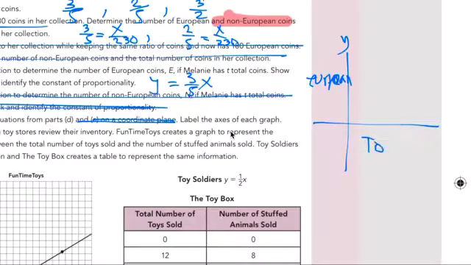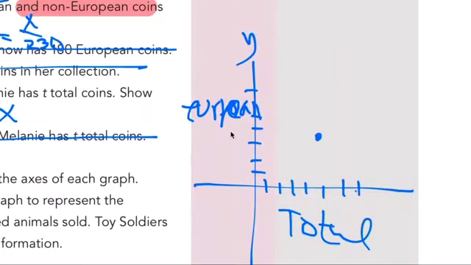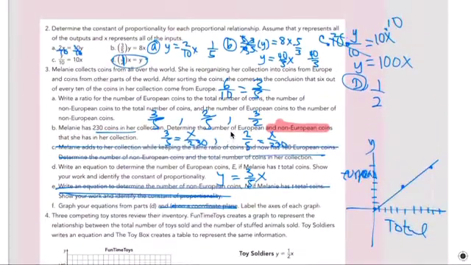Here's the total coins. It's 3 out of 5. So 1, 2, 3 out of 1, 2, 3, 4, 5. And then 5, 6 is 6 out of 10, right? And 0, 0. That's how you do that one.